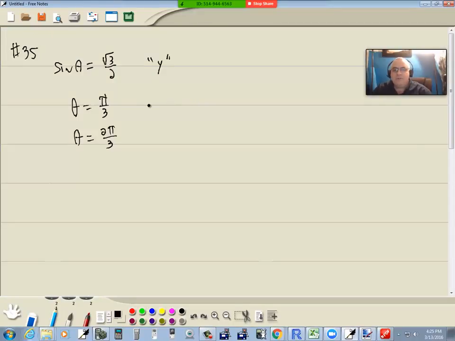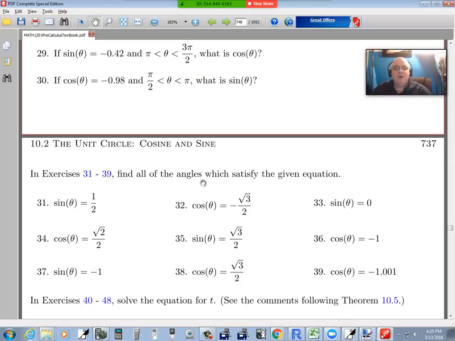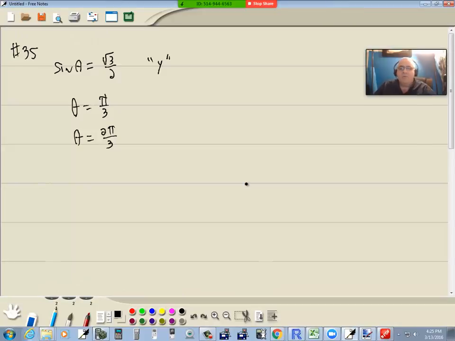Now you may think, well, those are your answers then. Nowhere do they say within the range of 0 to 2 pi for my angle. It just says find all of the angles. Well, there's actually an infinite number. We can keep adding 2 pi over and over. Pi over 3 plus 2 pi, which is 7 pi over 3, will give that to us.